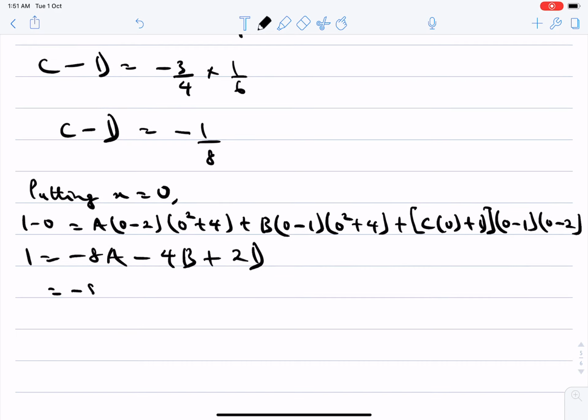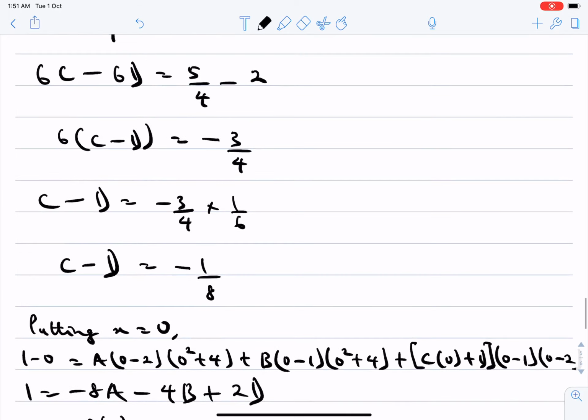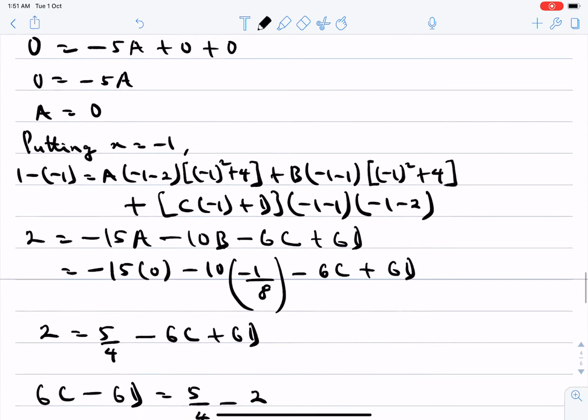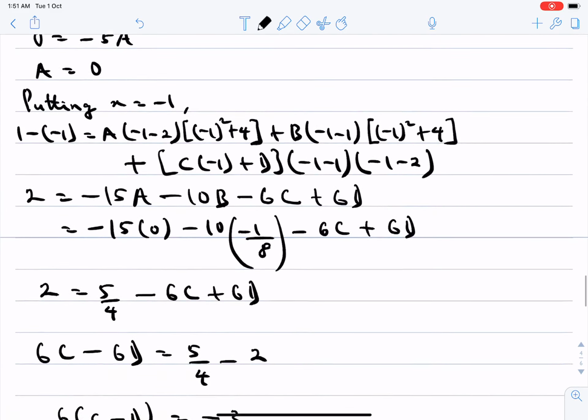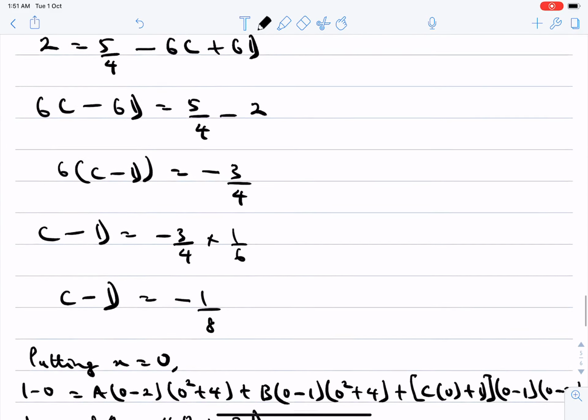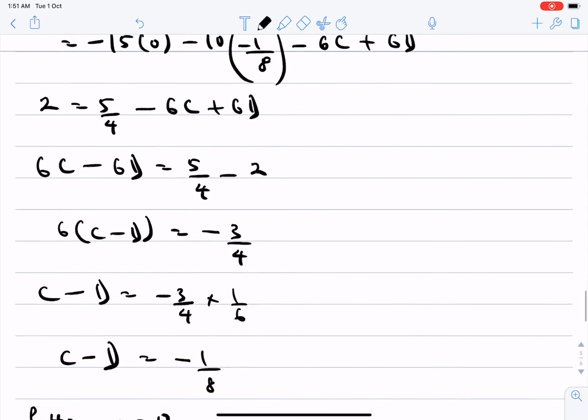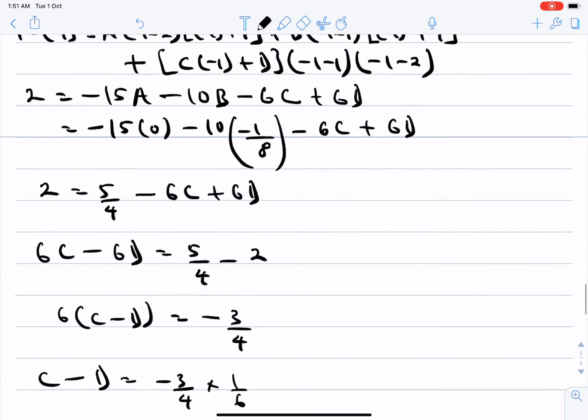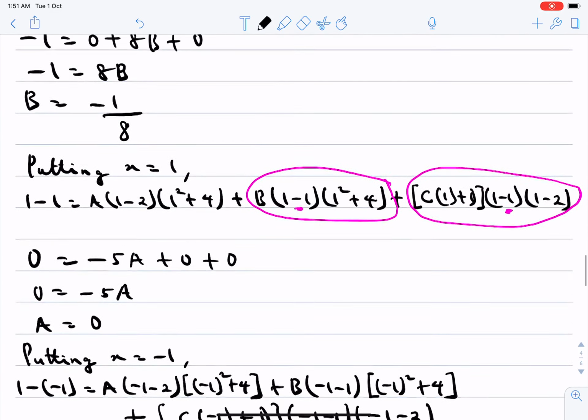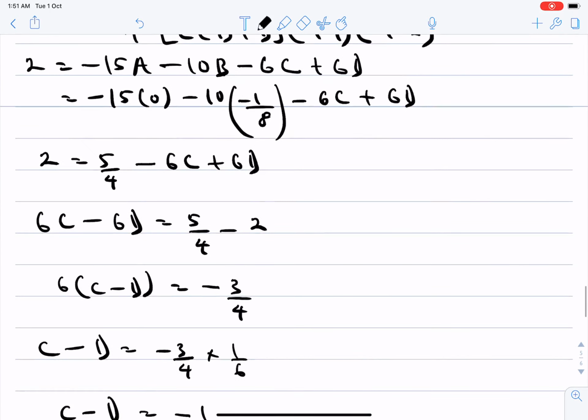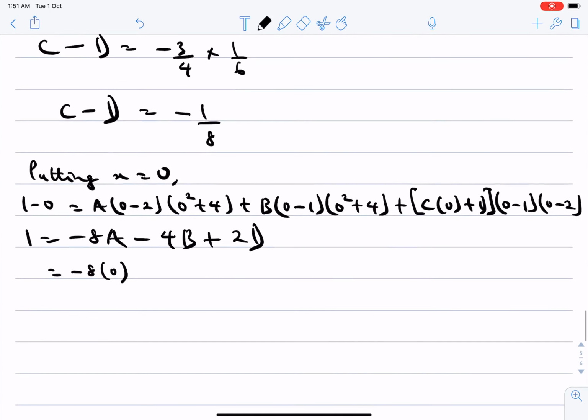And I already know the value of a is 0, and b is minus 1 over 8. So minus 4 times minus 1 over 8 plus 2d.